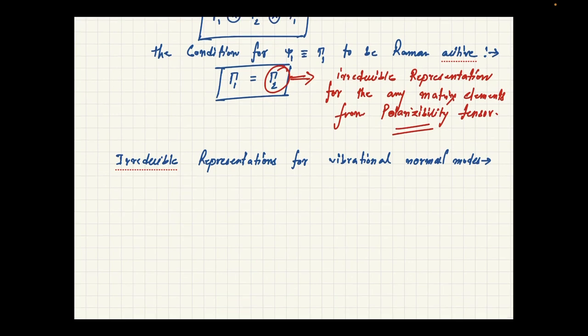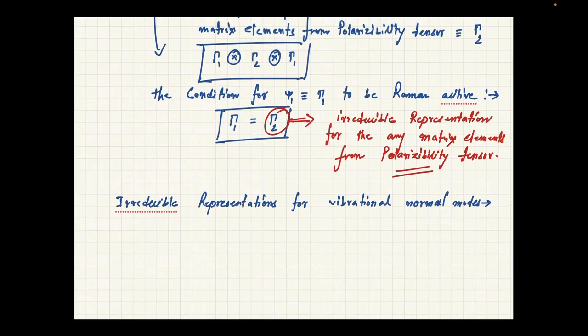For the D2h point group, how to find the irreducible representations of vibrational normal modes we have just discussed.